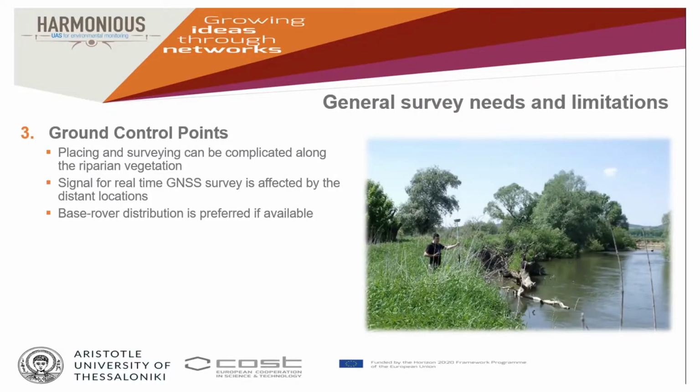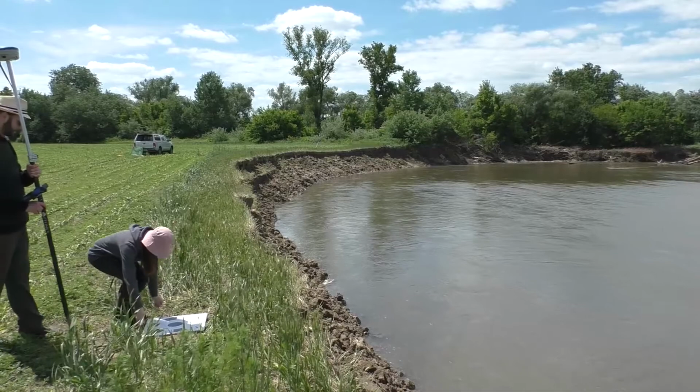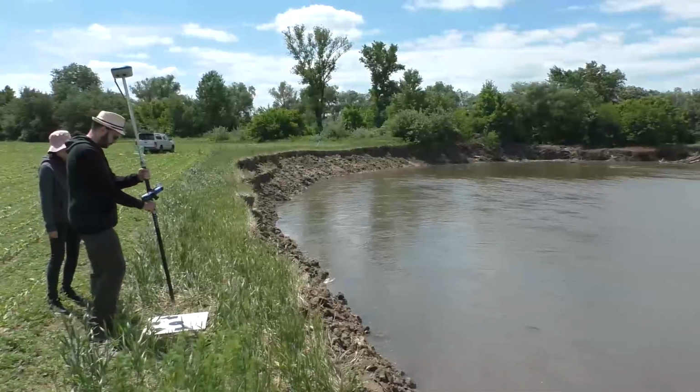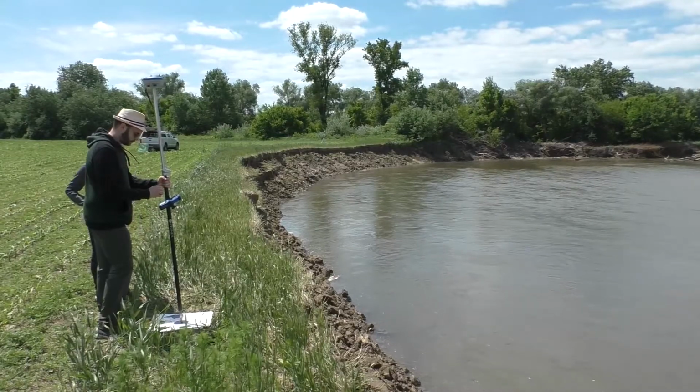These areas are usually far away from villages and cities, and sometimes the signals are not the best, so we have to rely on some post-processing georeferencing, and we need to use some base rover distribution.